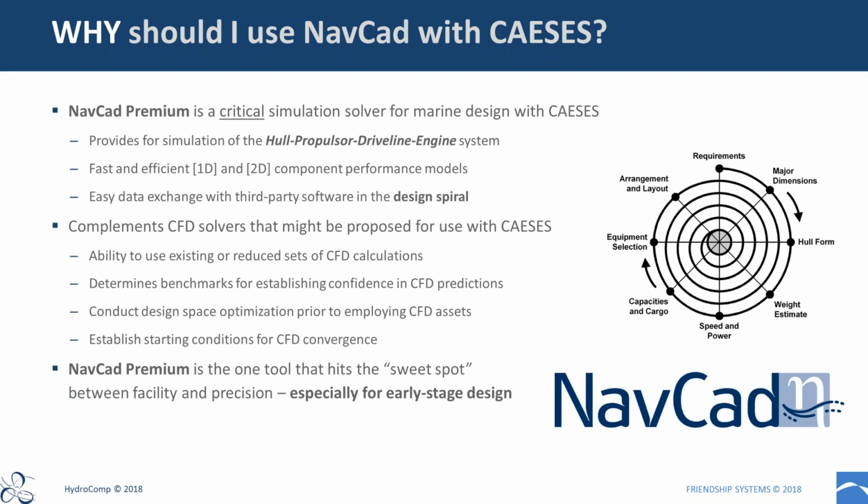And I would offer that as an extremely valuable process to introduce into your workflow, where if you can get to a narrower design space with the faster simulation that's available with NavCad, you can reduce the amount of time that you have to spend with higher order solvers. You can focus the higher order solvers on the very valuable design space that you want to optimize. And then we can establish starting conditions for CFD convergence.